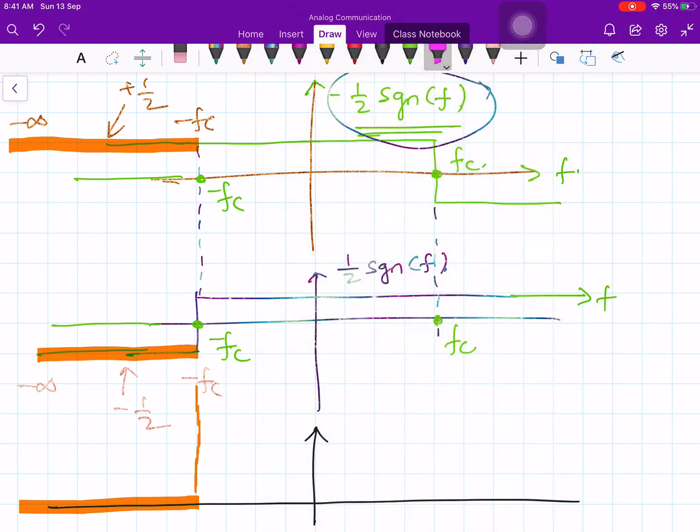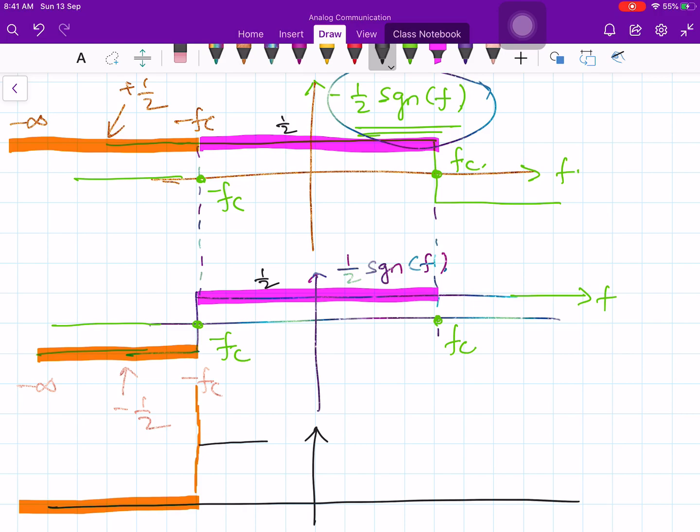Now, you take minus fc to plus fc, and here also minus fc to plus fc. In this region the value is 1 by 2, here also 1 by 2, 1 by 2 plus 1 by 2, it is 1. Therefore, you will get 1 like that.